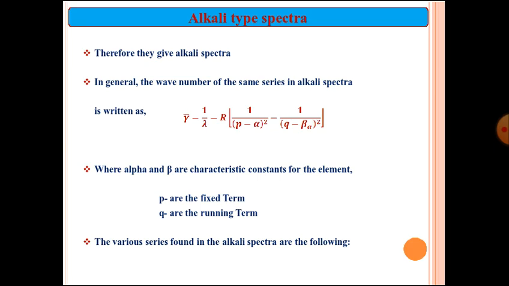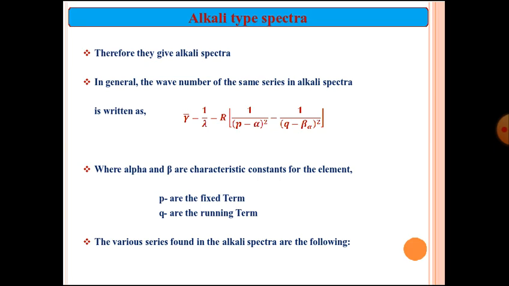The hydrogen atom has only one electron as a whole. The spectra of all the elements consisting of atoms having one electron in their outermost orbit are similar and are called alkali spectra.